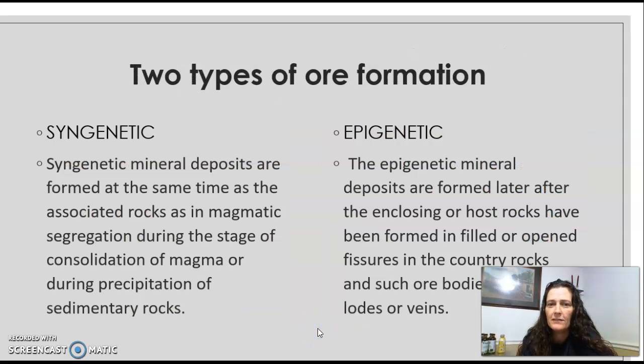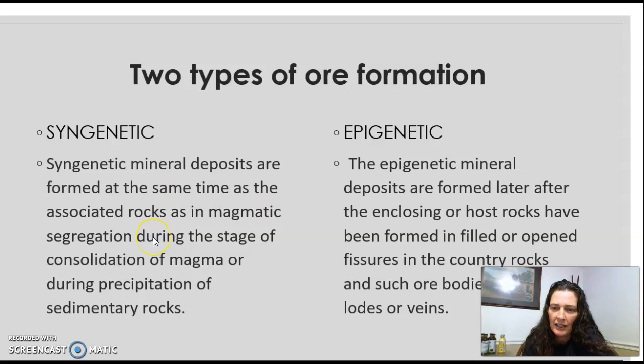So there's two types of ore formation: syngenetic and epigenetic. Syngenetic mineral deposits are formed at the same time as the associated rocks, as in magmatic segregation during the stage of consolidation of magma or during precipitation of sedimentary rocks.